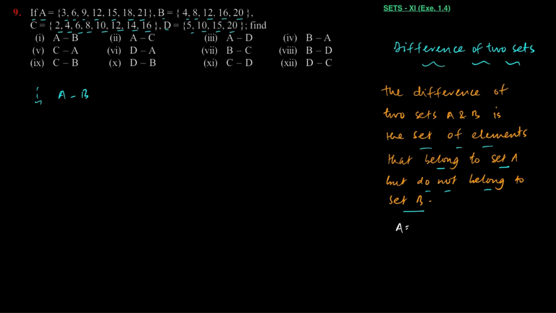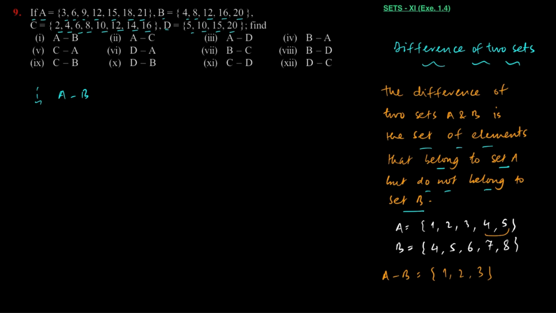Take for example, we have set A with elements 1, 2, 3, 4 and 5. And we have set B having elements as 4, 5, 6, 7 and 8. So what will be the difference? The difference of two sets is denoted by A minus B, and we know that we'll be having a set containing elements which belong to set A but not to set B. So this set will be having elements as 1, 2 and 3.